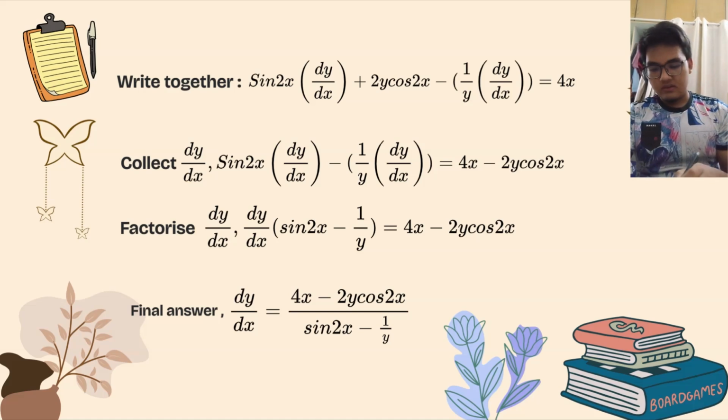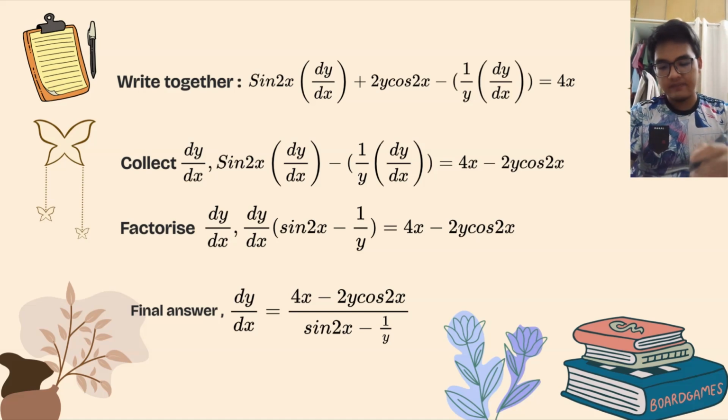So we can write it as sin 2x dy/dx minus 1 over y dy/dx equal to 4x minus 2y cos 2x. Now we can factorize the dy/dx, so it will be dy/dx times (sin 2x minus 1 over y) equal to 4x minus 2y cos 2x.